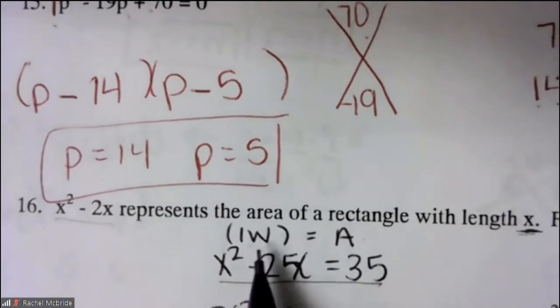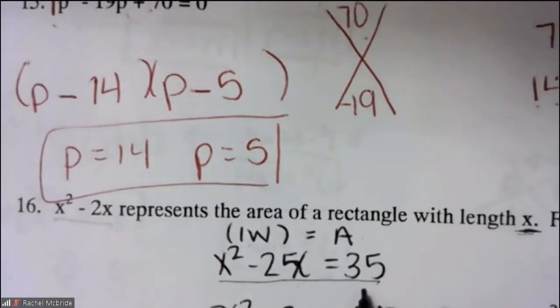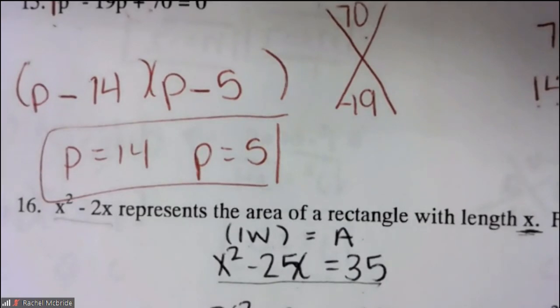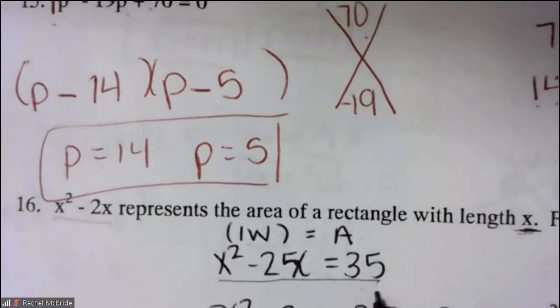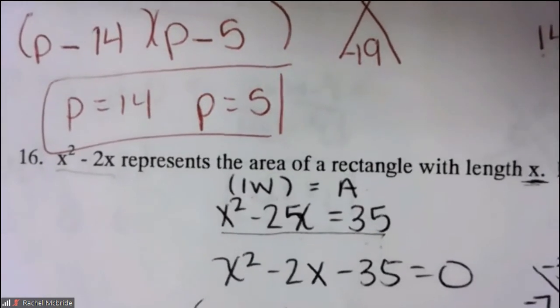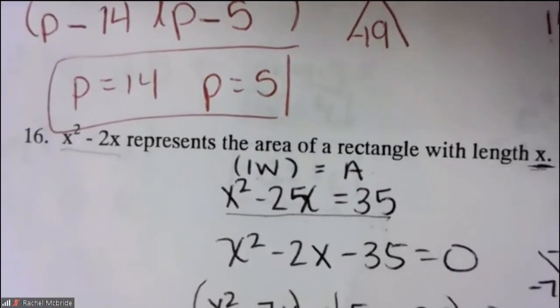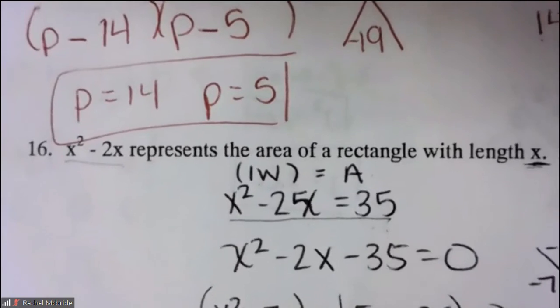So length times width, or area, equals 35. So then we can't have it equal to a number, so you have to set it equal to 0. So then you had to factor.